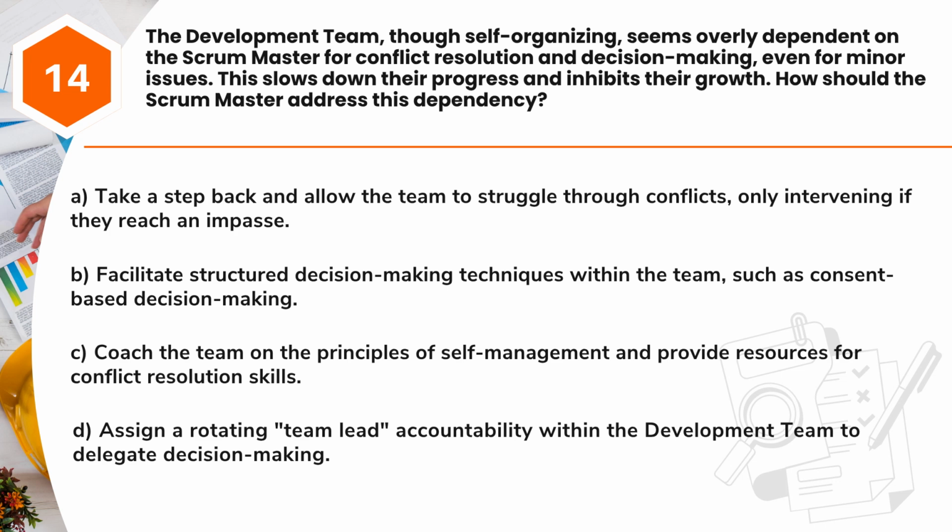B. Facilitate structured decision-making techniques within the team, such as consent-based decision-making. C. Coach the team on the principles of self-management and provide resources for conflict resolution skills. D. Assign a rotating team lead accountability within the development team to delegate decision-making.